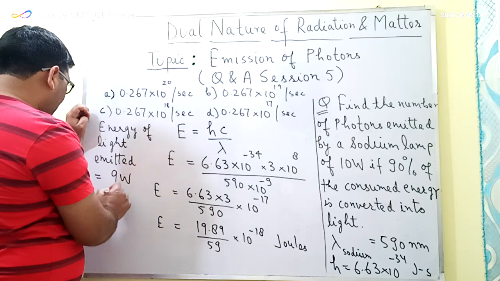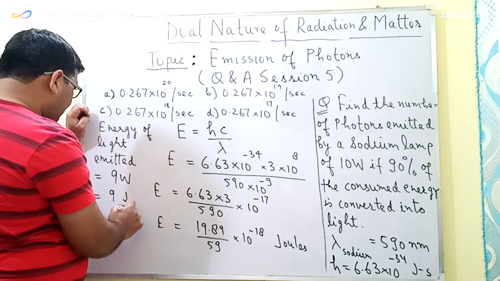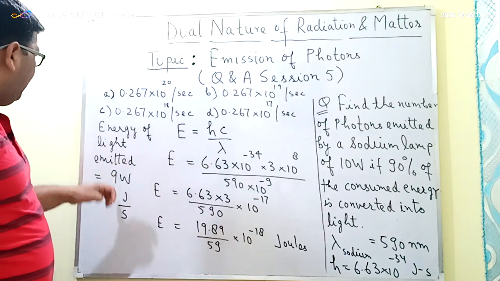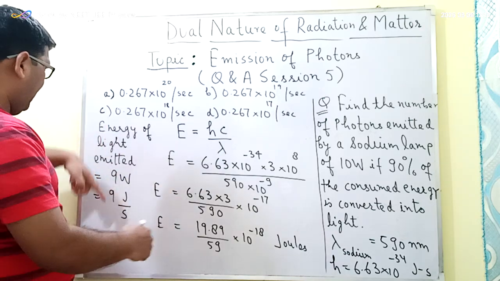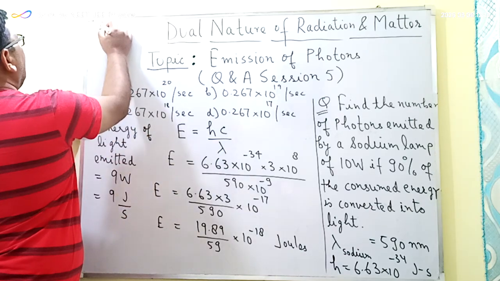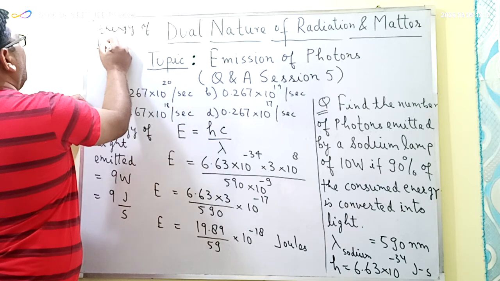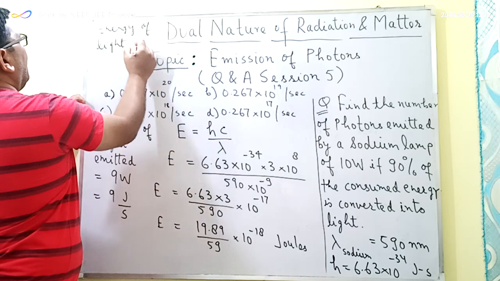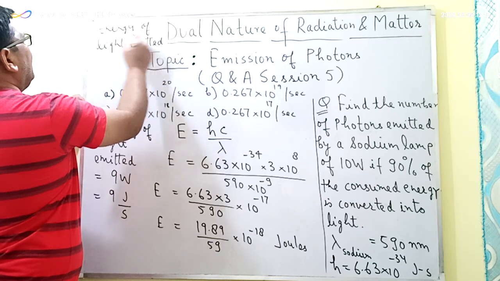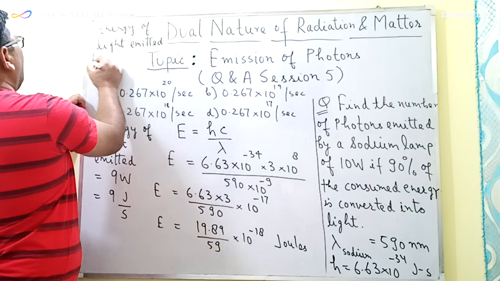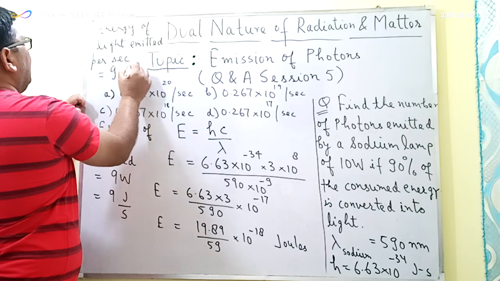Now 1 watt is equal to 1 joule per second. So the energy of the light emitted per second will be equal to 9 joules.